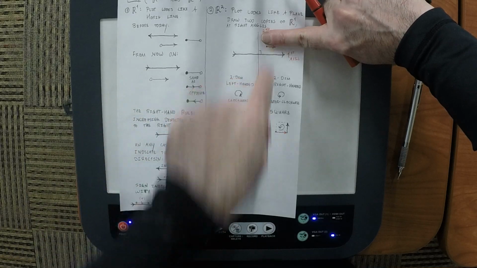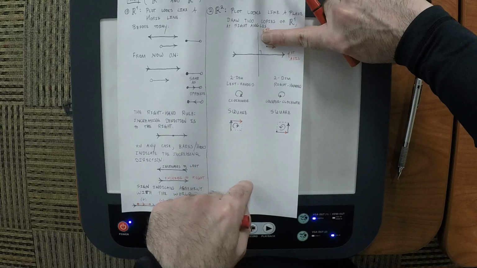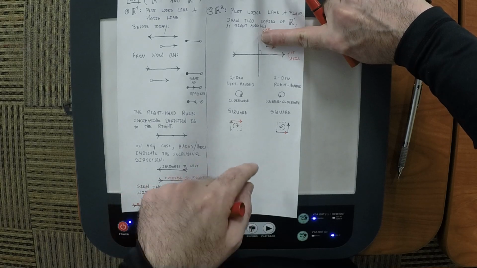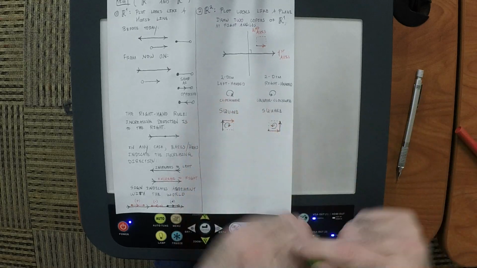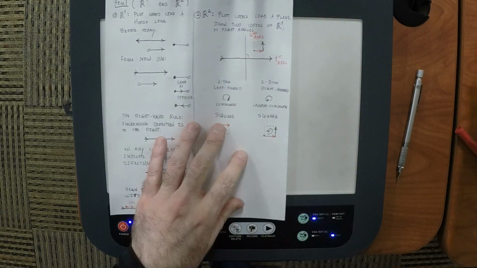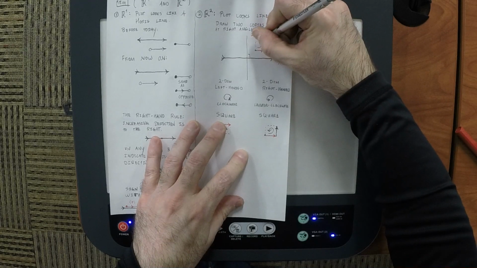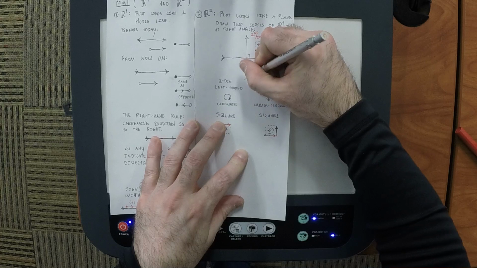Right, because if we went down, then it'd be going like this. That'd be left-handed. It wouldn't be right-handed. So as a result, the increasing direction is up.